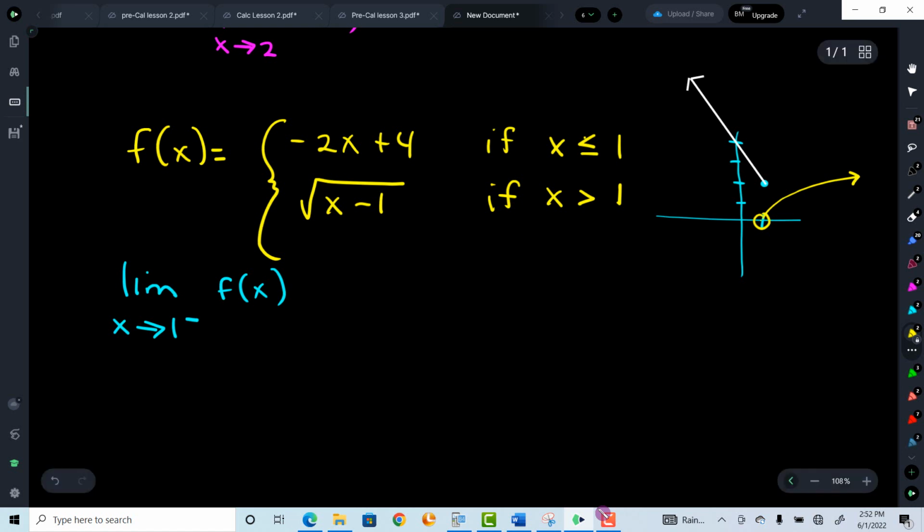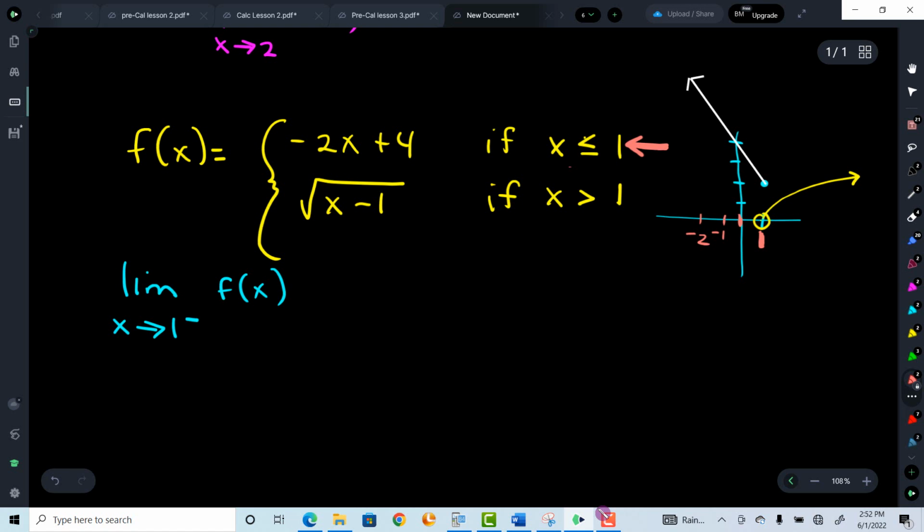So I'm trying to figure out the limit as x approaches 1, right here, from the left. If it's approaching from the left, then my x values are things like 0, negative 1, negative 2, right? So that means I'm looking at this particular function.